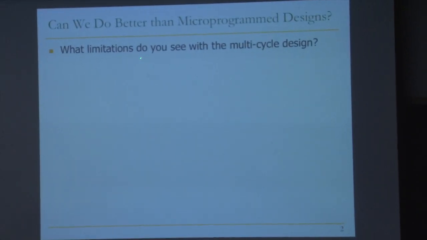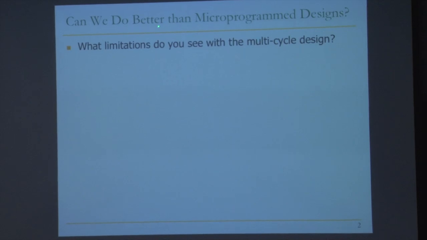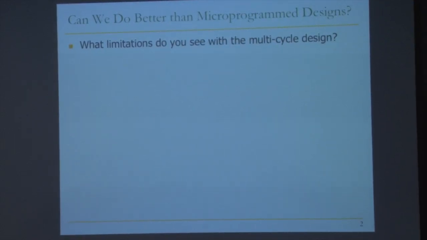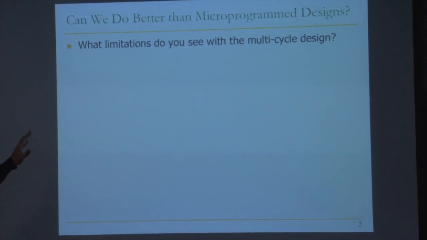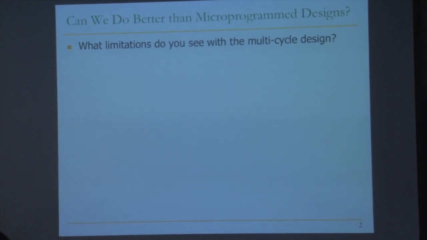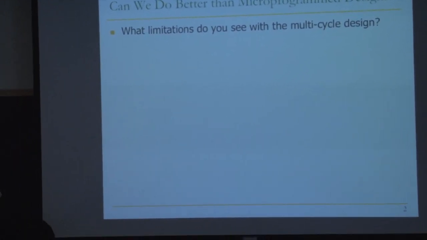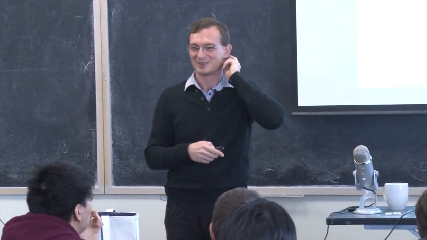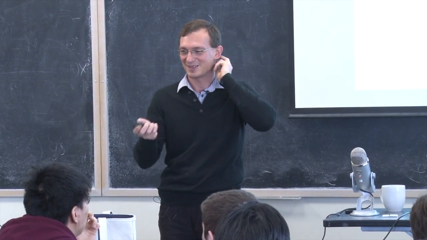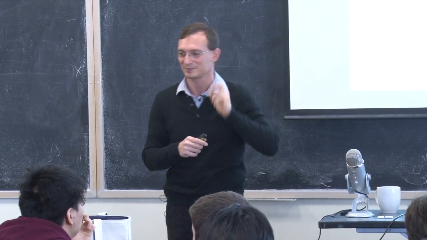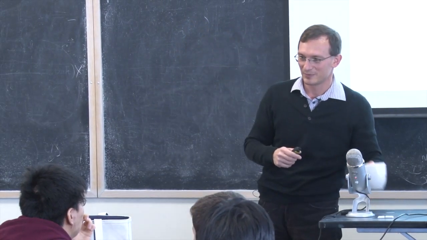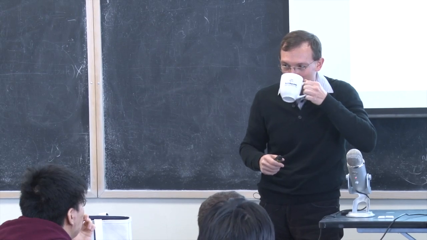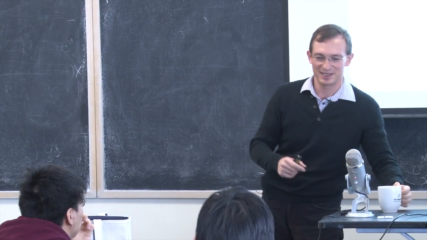This is what I left you with. Can we do better than a multi-cycle microprogram design? What limitations do you see with the multi-cycle design? You're only using a very small portion of the processor in a given cycle.